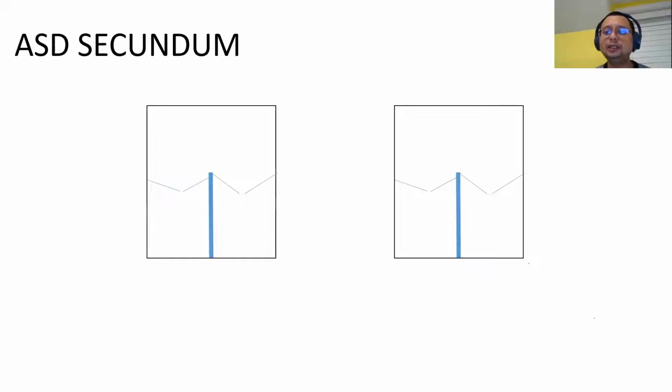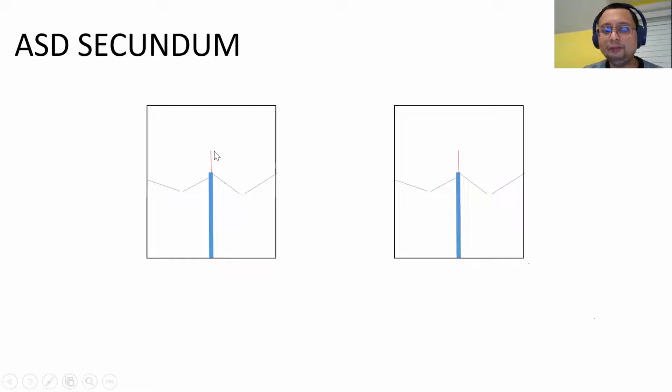Okay, if you still don't understand, you are welcome to ask me at the end of our talk. What about ASD secundum? Again, look at this basic picture of the left ventricle, left atrium, and right atrium. Now, the main problem with ASD secundum, funny enough, is actually a deficiency in the wall of membrane primum.